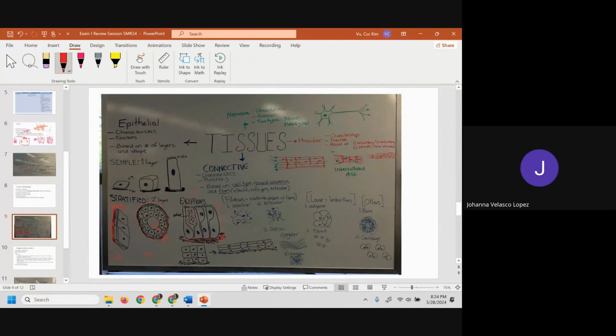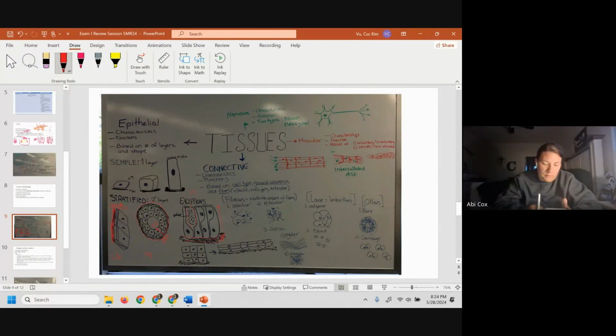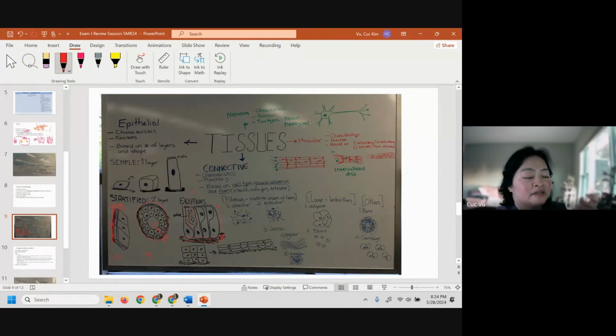What shape? Columnar. Exactly. So if it didn't have that goblet cell, it would be simple columnar. But because this specialized type of epithelium has the goblet cells and the cilia attached to it, this one is referred to as pseudo-stratified columnar epithelium.